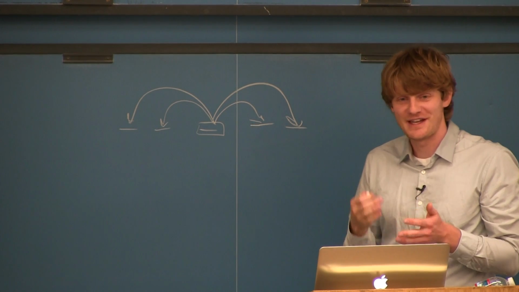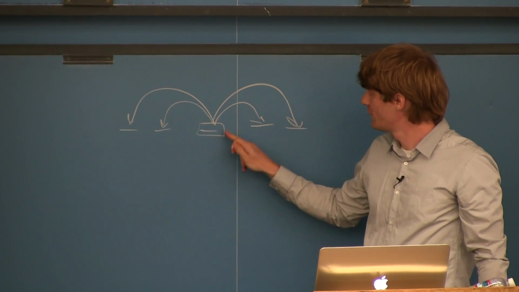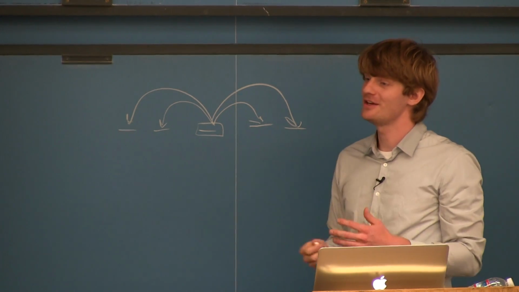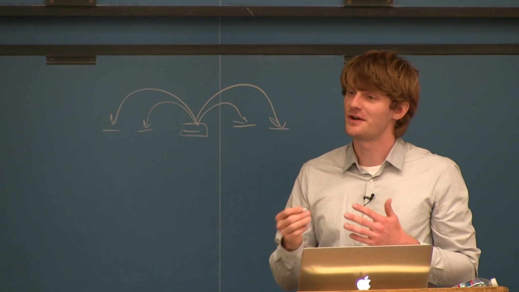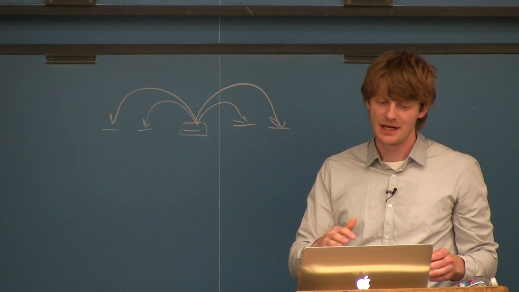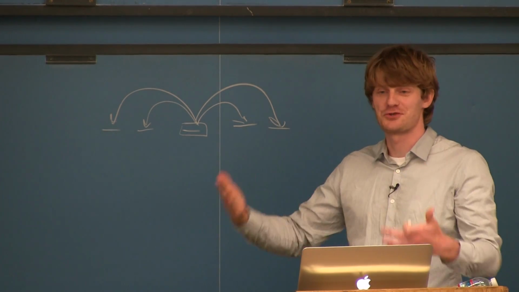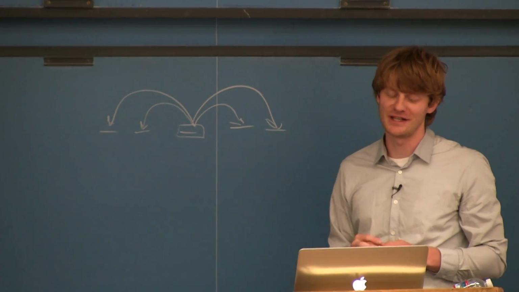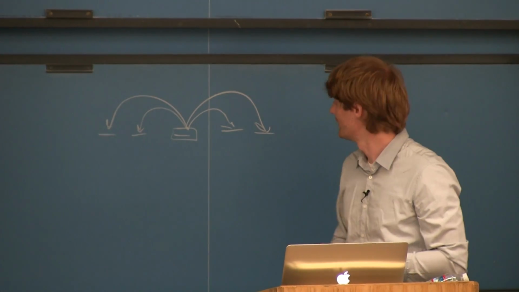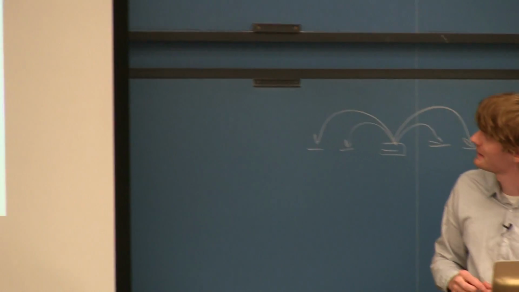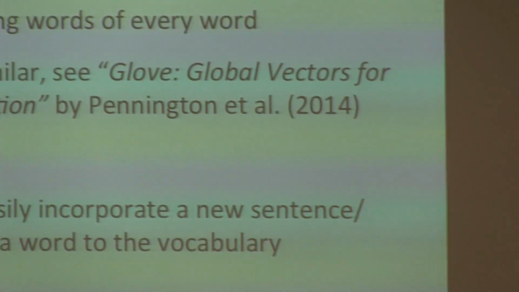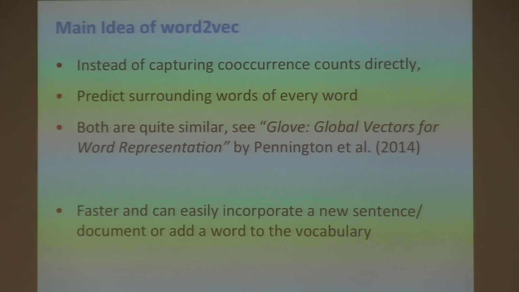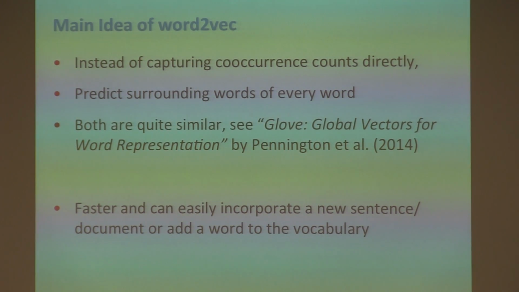It turns out that when you're trying to learn a vector representation that predicts other vectors, or the identity of other words, there's actually a very interesting and deep mathematical connection to trying to capture the counts. So in some ways, they are actually quite similar. There's a really good paper by Jeffrey Pennington that introduces another method, which we'll go over after Word2Vec, that shows this connection.